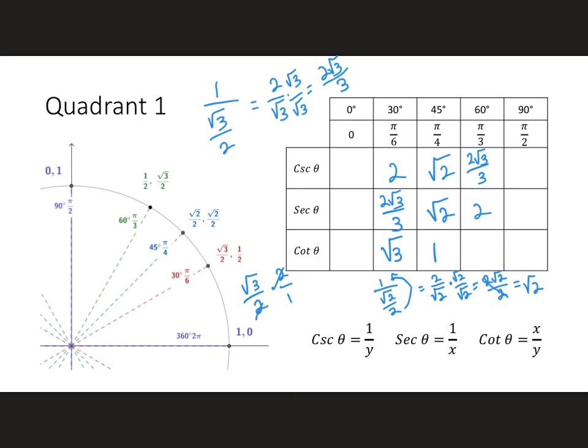Now our x over here is 1/2, and that's going to be over the square root of 3 over 2. So I will write that over here. 1/2 divided by the square root of 3 over 2. So I'll just go right into multiplying by the reciprocal. 2 over the square root of 3. Those cancel. We have 1 over the square root of 3, which we've seen before is the square root of 3 over 3.